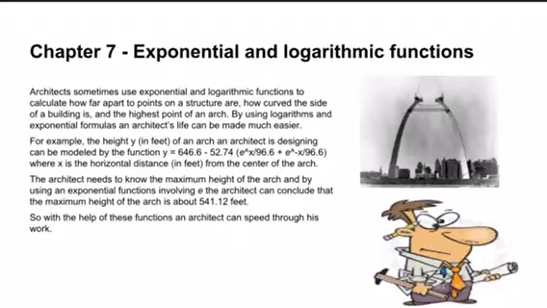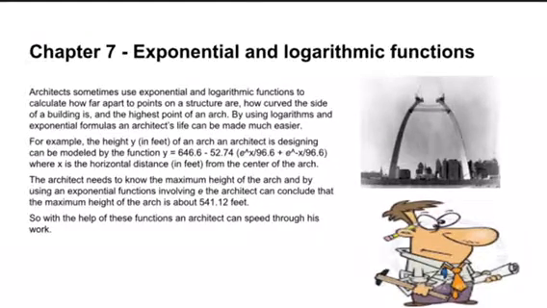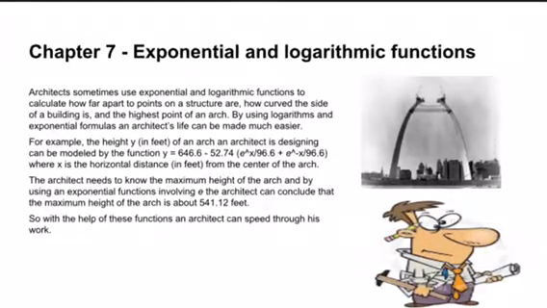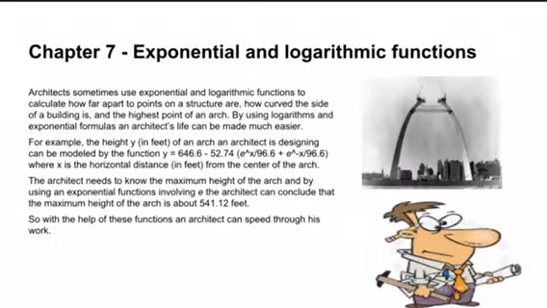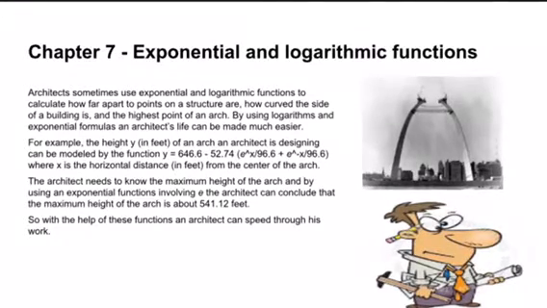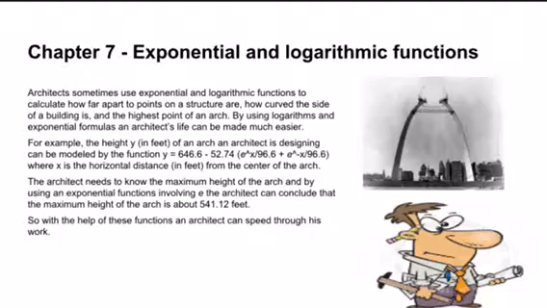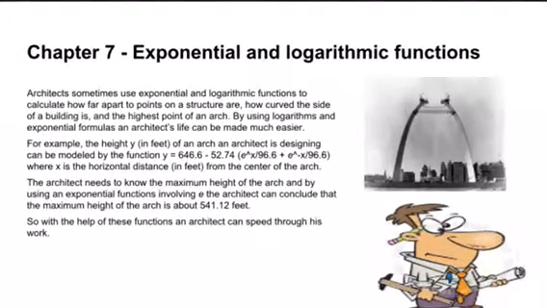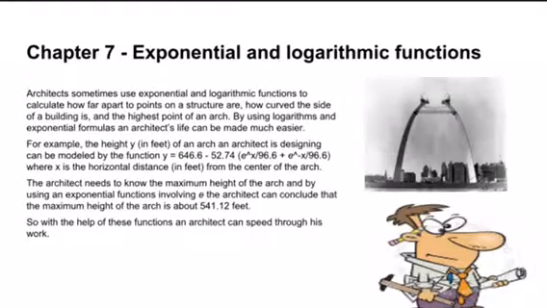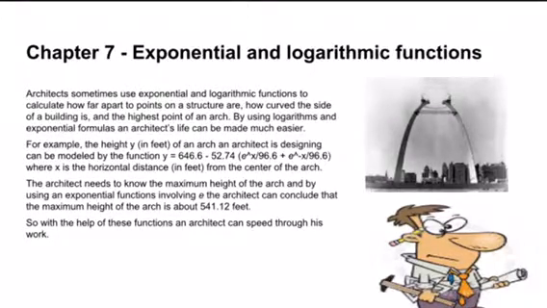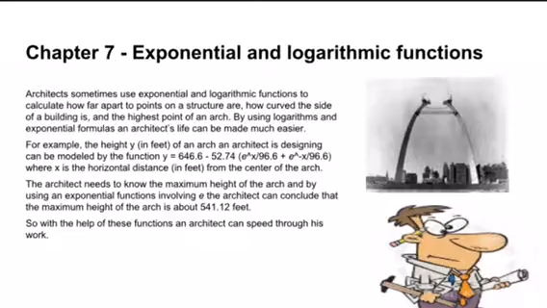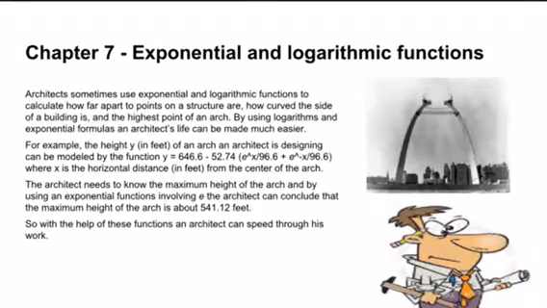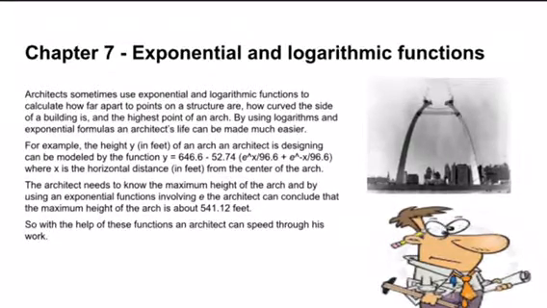For example, the height y in feet of an arc an architect is designing can be modeled by the function y equals 646.6 minus 52.74 times e raised to the x over 96.6 plus e raised to the negative x over 96.6, where x is the horizontal distance in feet from the center of the arc.